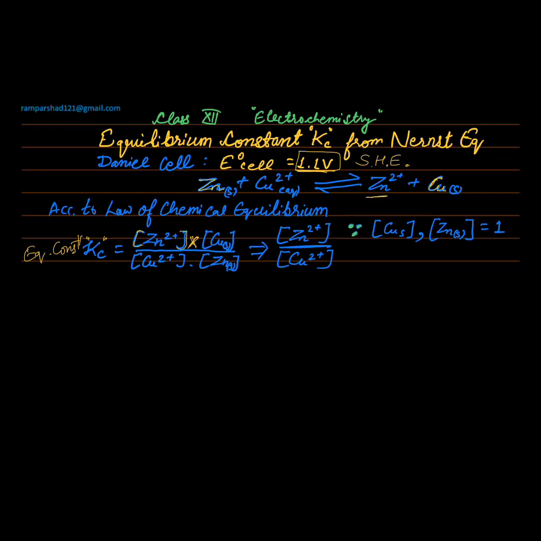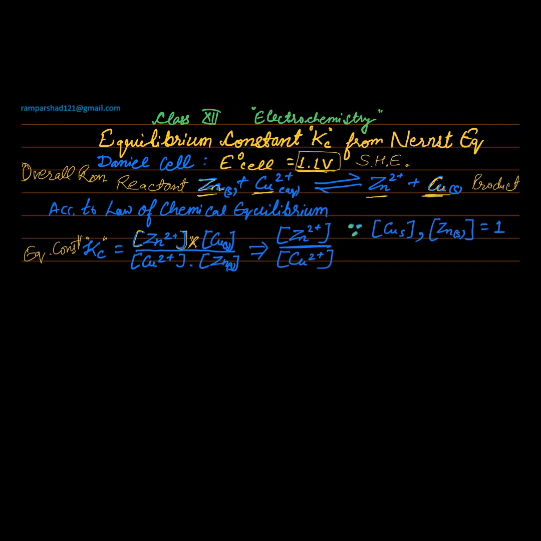This is the concentration of the product, and the left hand side is the concentration of the reactant. This thing should be clear to you. The right hand side is the concentration of the product in the overall reaction of the Daniell cell. This is the overall reaction. So reactant and product is clear.